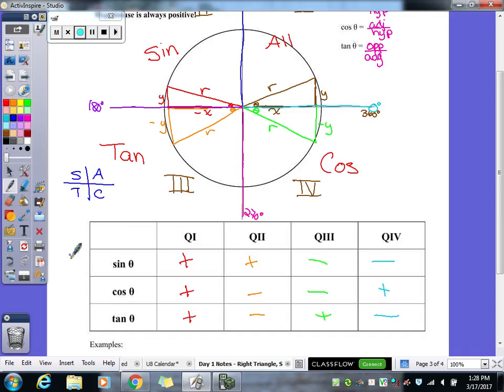Do you have the acronyms? Oh, I have lots of them. One that people like to use is all students take calculus. I've never been a fan of that because not everybody takes calculus. Another one people use is all students text constantly, which is very true.